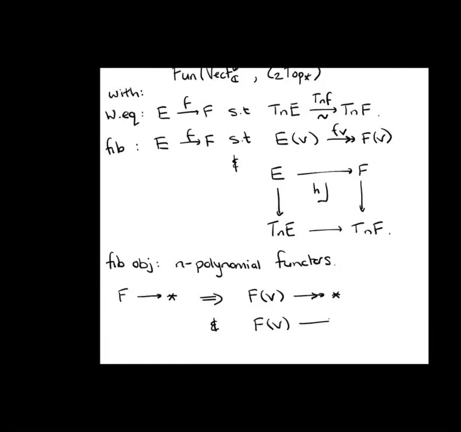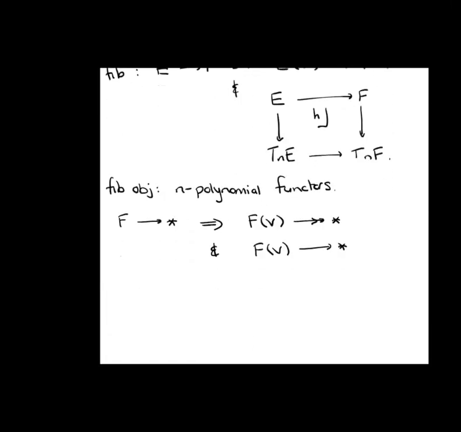When you look at this pullback square, we have a fibration and weak equivalence, and pulling that back gives you, in a right proper model category, a weak equivalence. So we get that F and its polynomial approximation are equivalent.